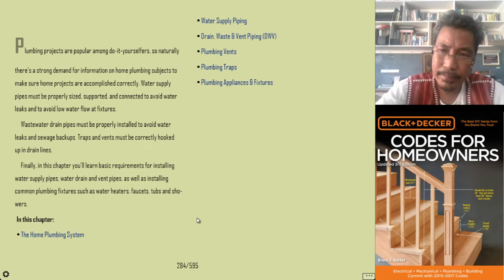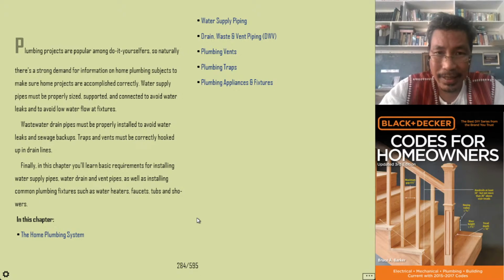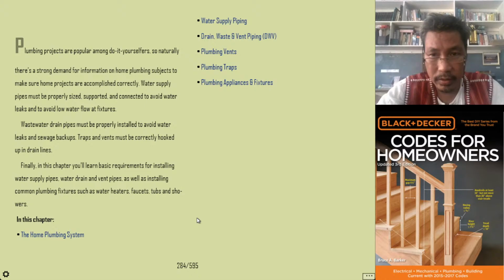In our country, the engineering plan requirement of the National Building Code states that there are about 4 contents under our master plumber. What are those?